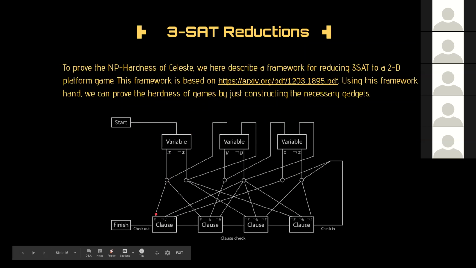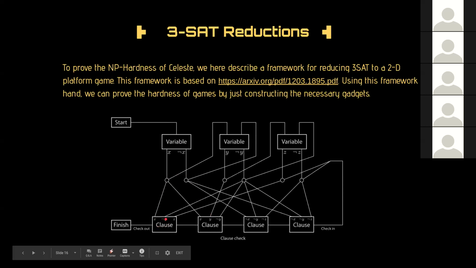Now a clause gadget has 3 literals, not variable gadgets. It is connected to variables. If the clause had X, it is connected to the variable X. So if we set X to true, we can travel to this and unlock this whole clause.